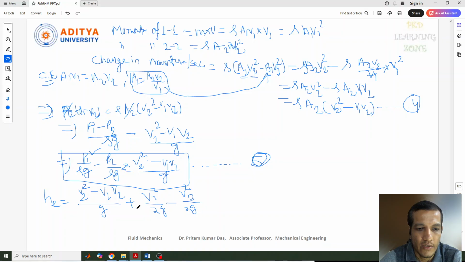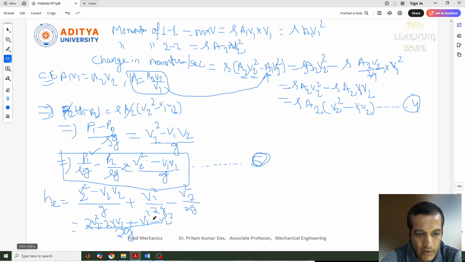This is the normal equation. Now g is in all the denominators, so let us keep 2g in the denominator. That means 2 V2 square minus 2 V1 V2, and 2g is already there in the denominator, so no need to change anything. So it is V1 square, again it is V2 square.